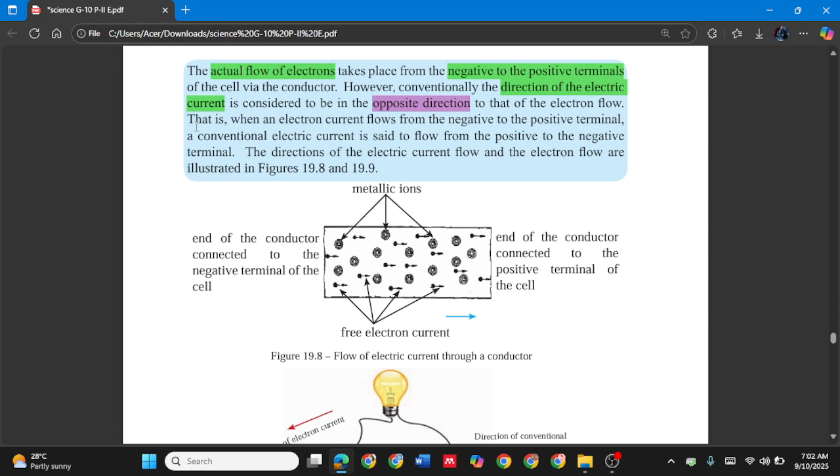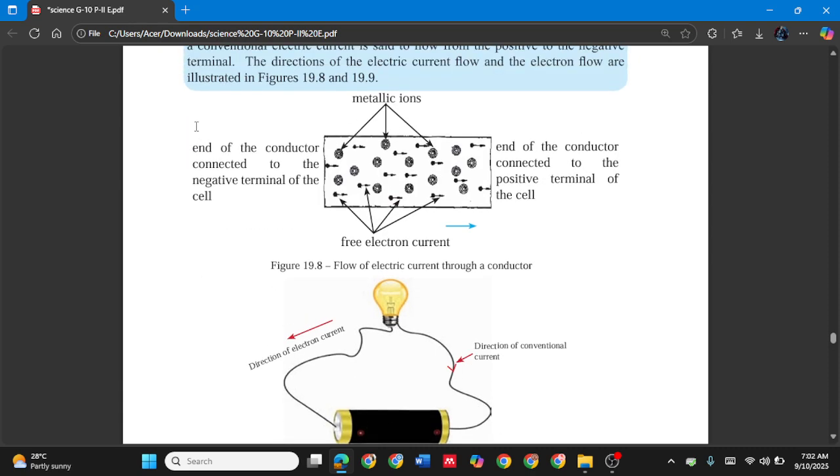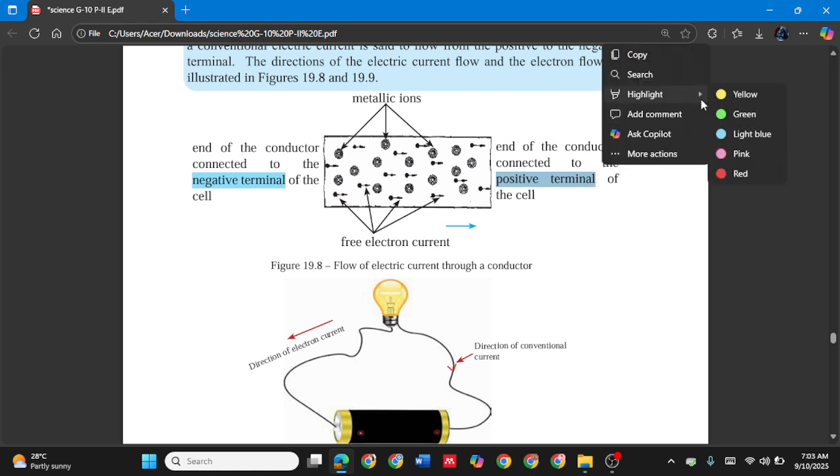The direction of the electric current flow and the electron flow are illustrated here. මේ තියෙන්නේ end of the conductor connected to the negative terminal of the cell. සෙල් එකේ negative පැත්ත කියන්නේ ඉලෙක්ට්‍රෝන ඉන්න පැත්ත. සෙල් එකේ positive end එක මම රතු පාටින් නාන්නේ.